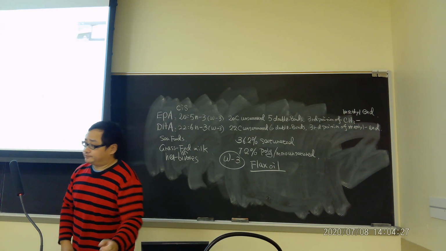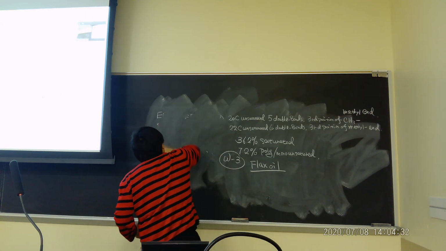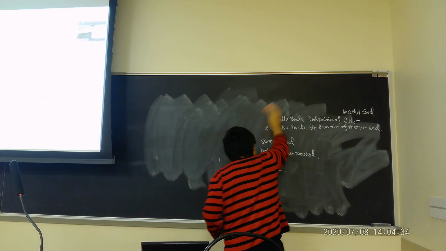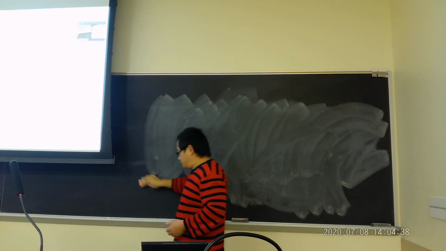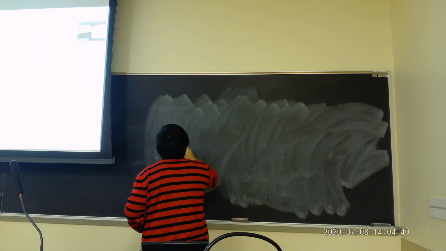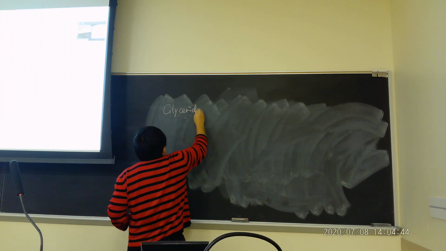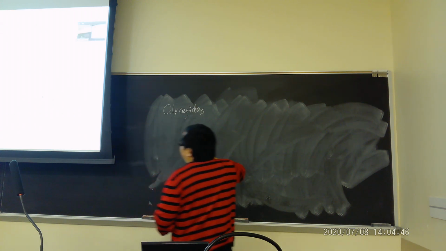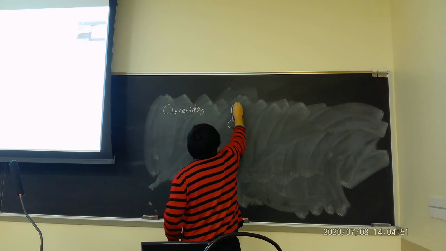Okay, now we're going to talk a little bit about the glycerols. We finished talking about the fatty acids. We're going to talk about glycerols. So what is glycerol? Okay, if you look at the components, what does it look like?